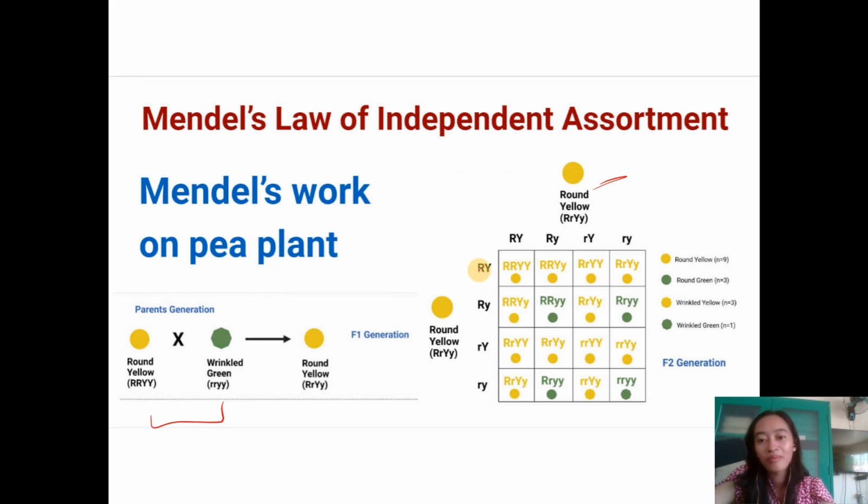This is what happens: within each parent, you still make combinations. So they don't mix here. Then this big R, this R, then the Y, when you pair it, the Y is paired. So they are separate. In independent assortment, every trait is independent in how it mixes with another trait, though they can combine afterwards.